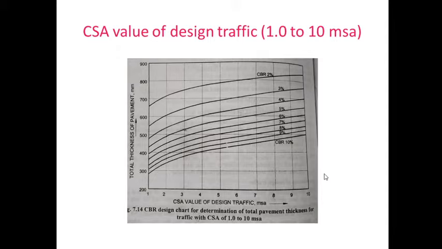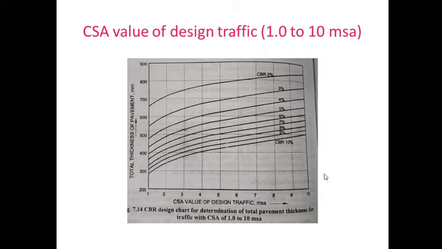Then we have cumulative standard axle of 150. This is the chart for cumulative standard axle of 1 to 10 million standard axles. Then another graph is the CBR chart for cumulative standard axle of 10 to 150. So our cumulative standard axle is 150.